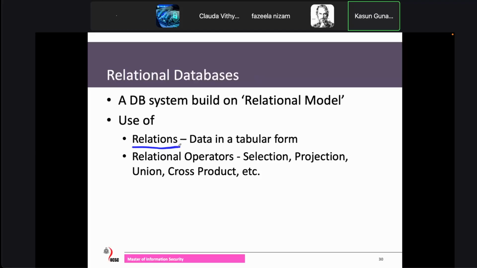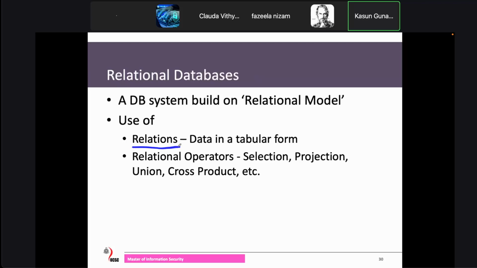Relations in this relational model are basically about keeping data in tabular form. The data stored in the relational model is manipulated with relational operators, so these are looked at as relational operations.